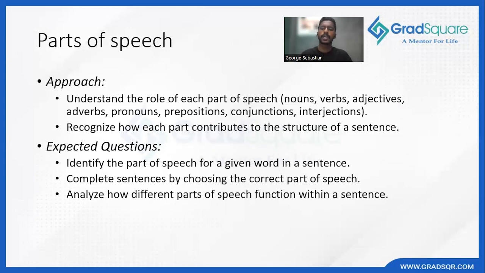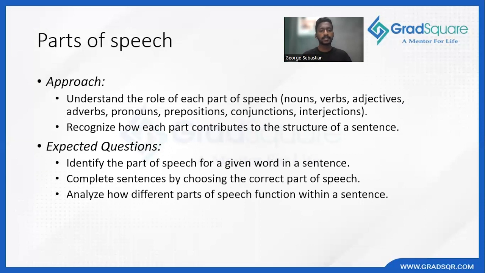We know that every sentence has a basic structure, which is subject plus verb plus object. So how are these parts of speech performing their functions in a given sentence? If we have a clear understanding of that, it will be very easy for us to identify an error in a given sentence.